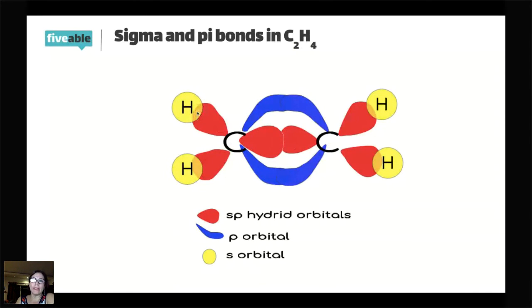So we have one sigma bond right here, one right here, one right here, and one. Now, this one is the overlap above and below the carbon atoms. Is the overlap on the same plane as the nucleus of the carbon atoms?